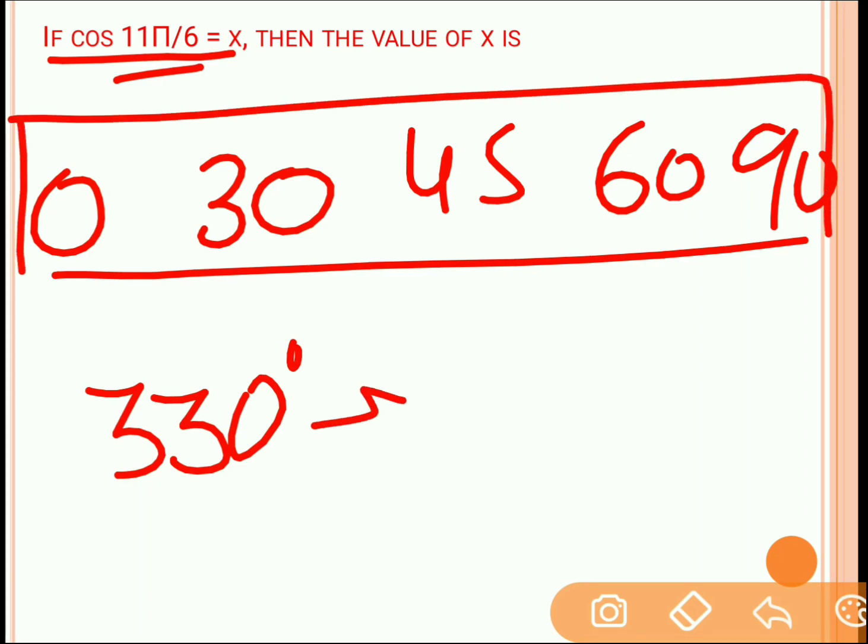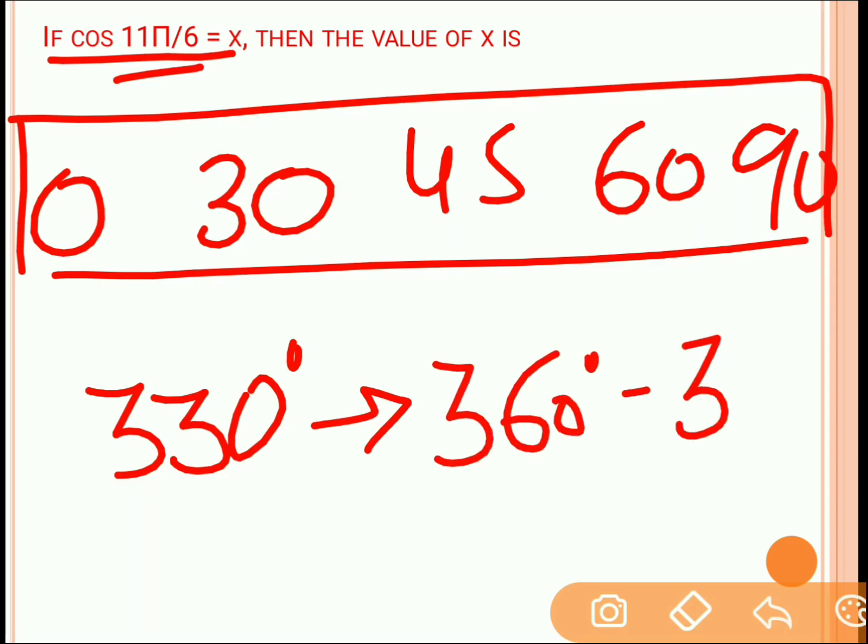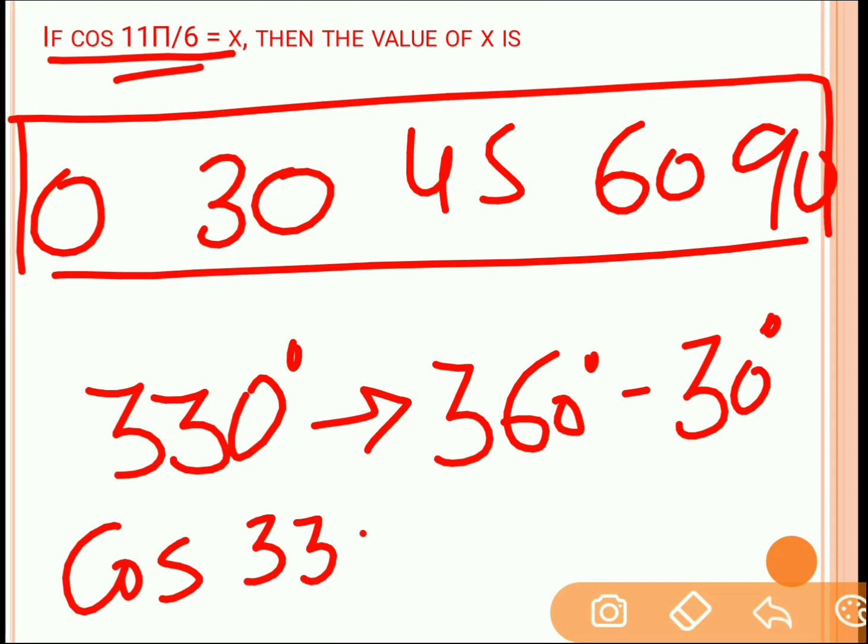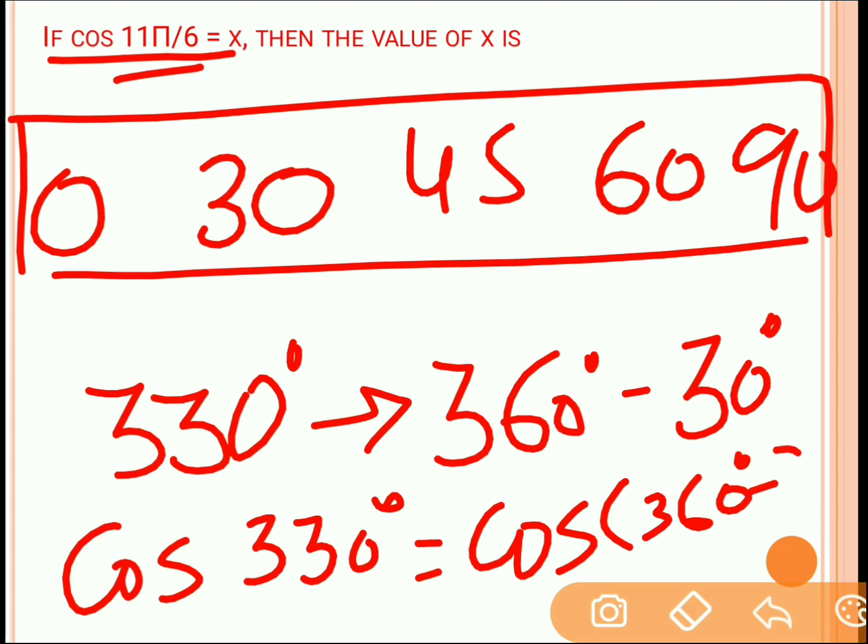We know that 330 can be written as 360 degree minus 30 degree. Fine. Now if we apply cos on both sides, that is cos 330 degree, then it will be equal to cos of 360 degree minus 30 degree.